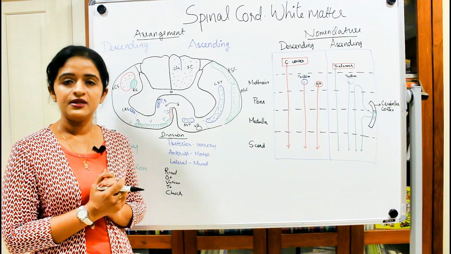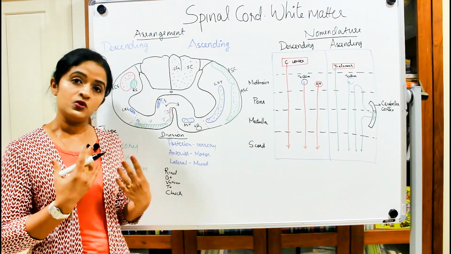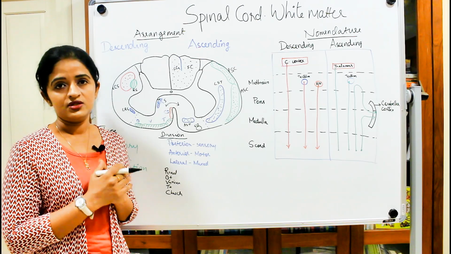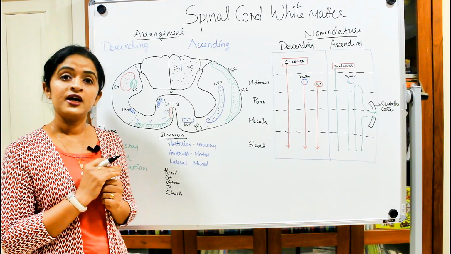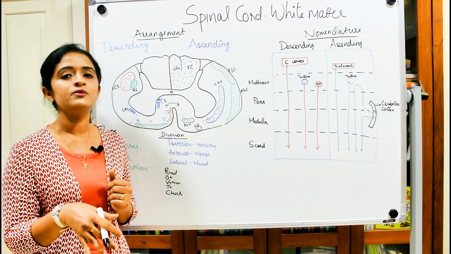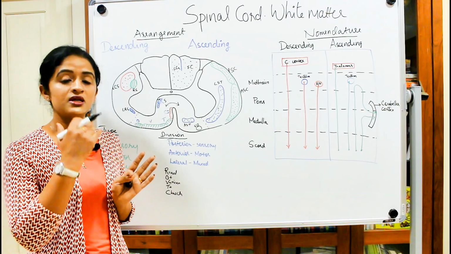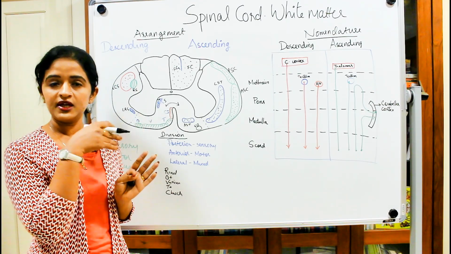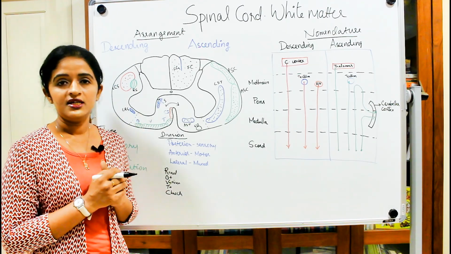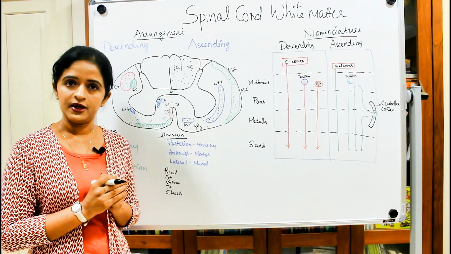Sensory nerve fibers means they carry the sensory information from different parts of the body towards the higher centers of the brain. What do you mean by motor nerve fibers? Motor nerve fibers are the fibers which control the movements of the body, which controls the muscles of the body, and they start from the higher centers of the brain and they terminate in the periphery, mainly in the anterior horn cells of the spinal cord.